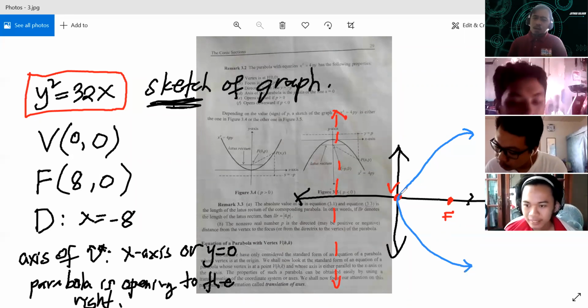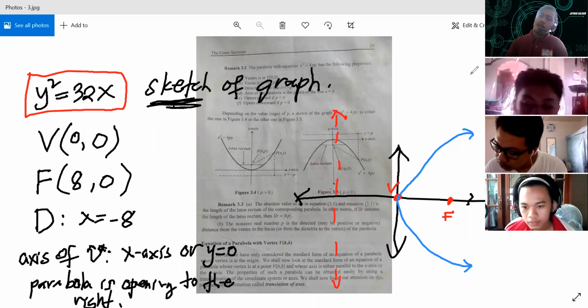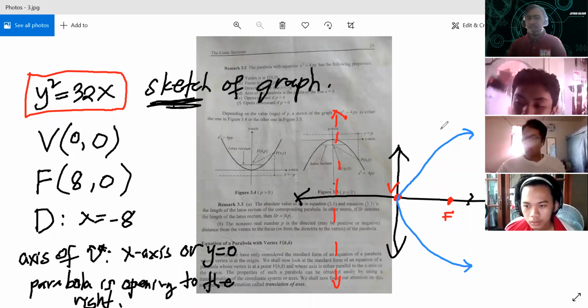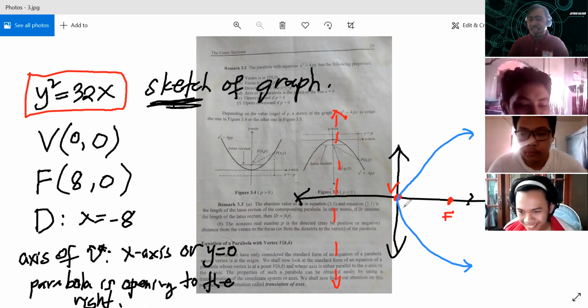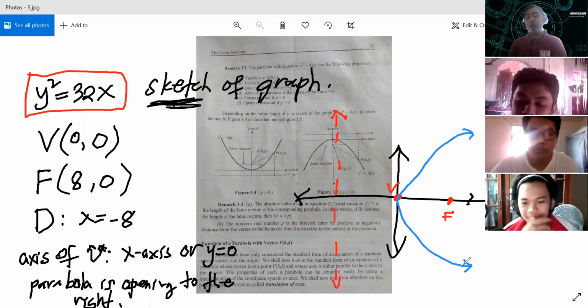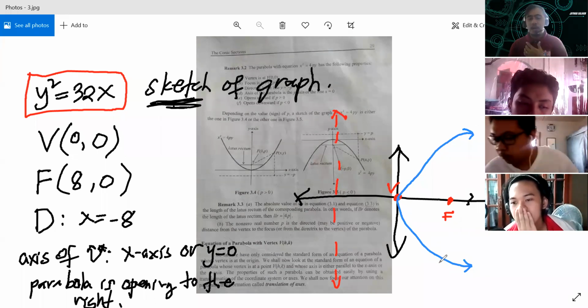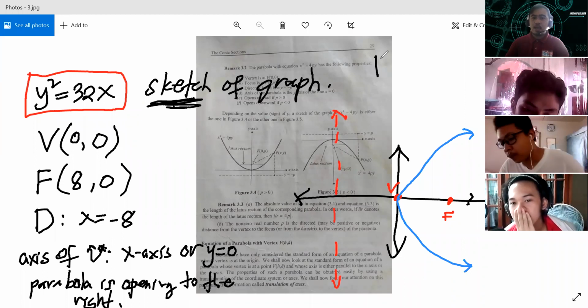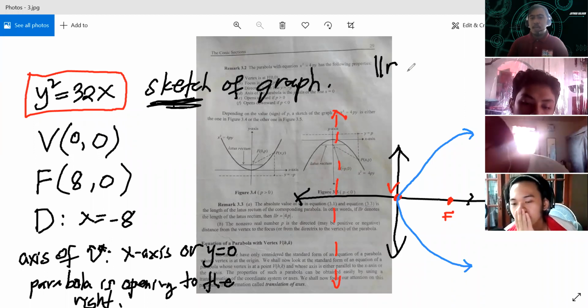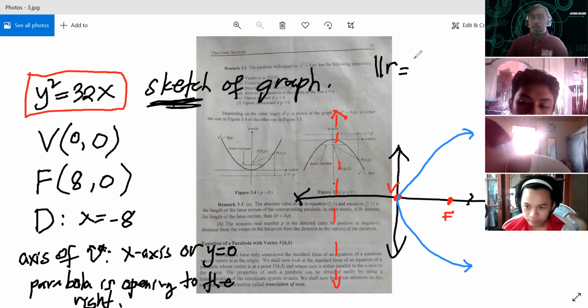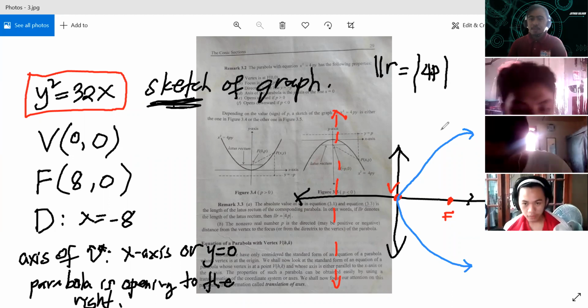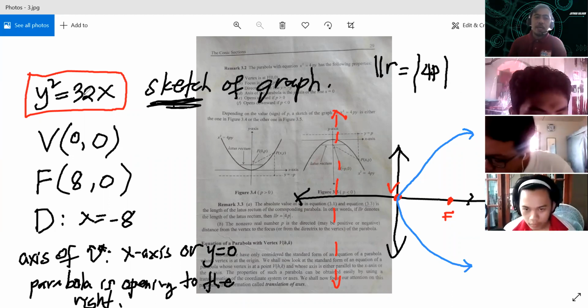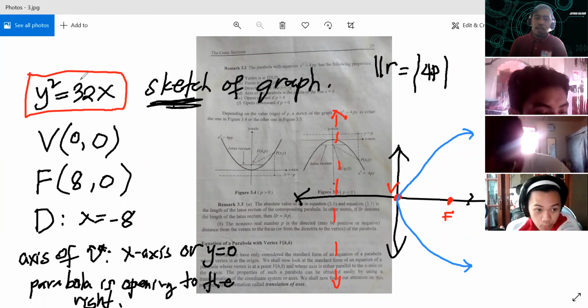A question was asked: how do you know whether the parabola is wide open or not very open? You will know how wide your parabola opens by looking at the length of the latus rectum. The length of the latus rectum is given by the absolute value of 4p, something like the absolute value of the number beside x.